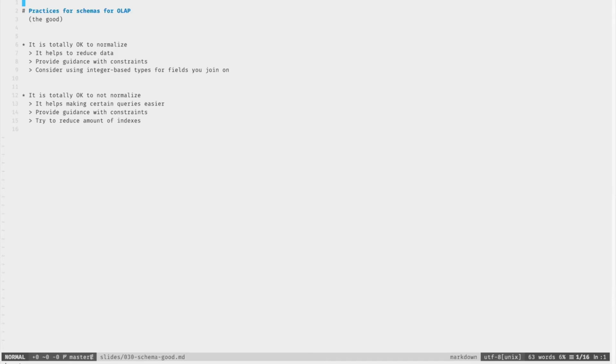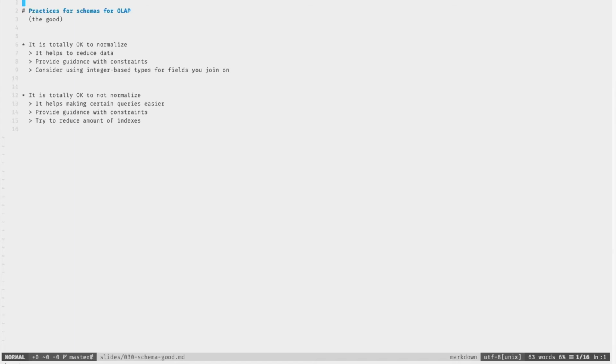Other extreme, it's also totally okay to not normalize. Why would you want that? Because it typically makes your query somewhat easier. So you can skip a few joins, for instance. It is easier to write the SQL for that sometimes. And it's somewhat transporting the idea behind NoSQL, for instance, where you have everything inside one big document, even if you have to live with, let's say, null columns, or columns which denote a specific type.